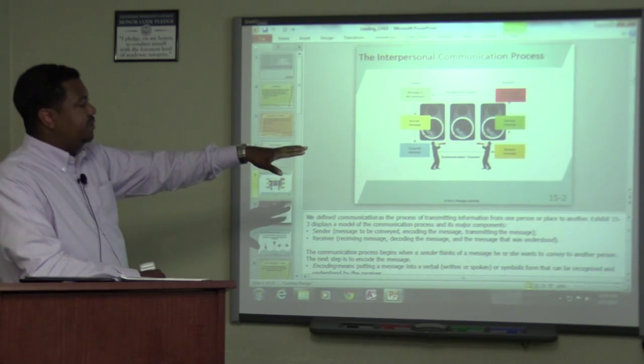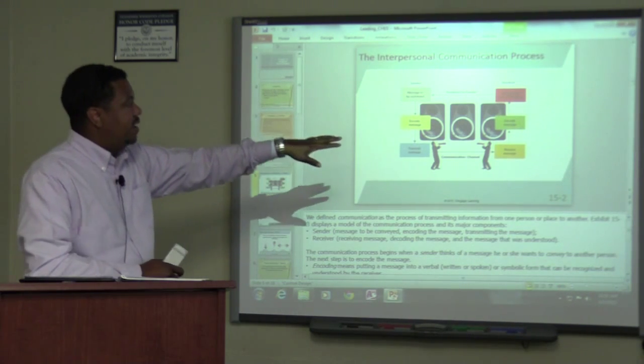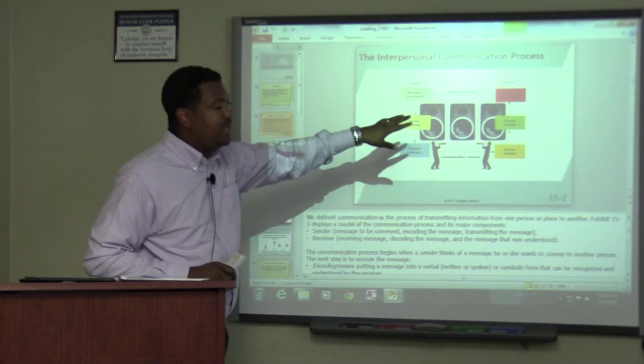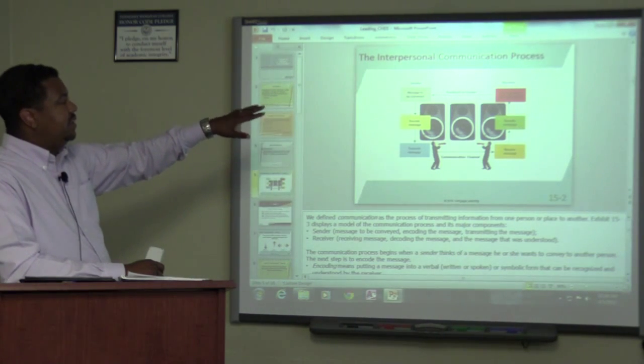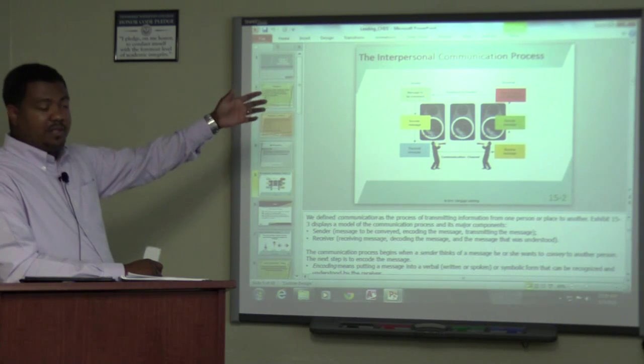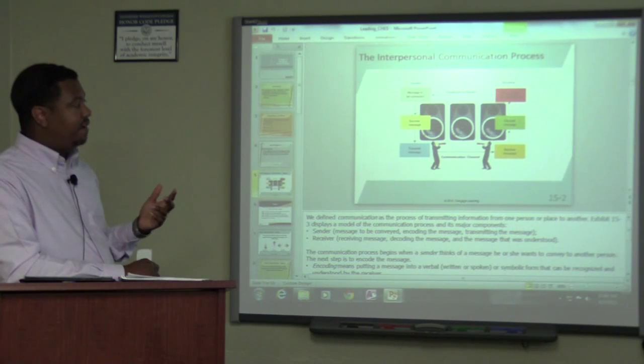The receiver receives the message, decodes the message, and interprets the overall meaning, and should provide some type of feedback to the sender, or the sender should request feedback, to make sure we were able to convey the proper interpretation of the message that the sender intended.